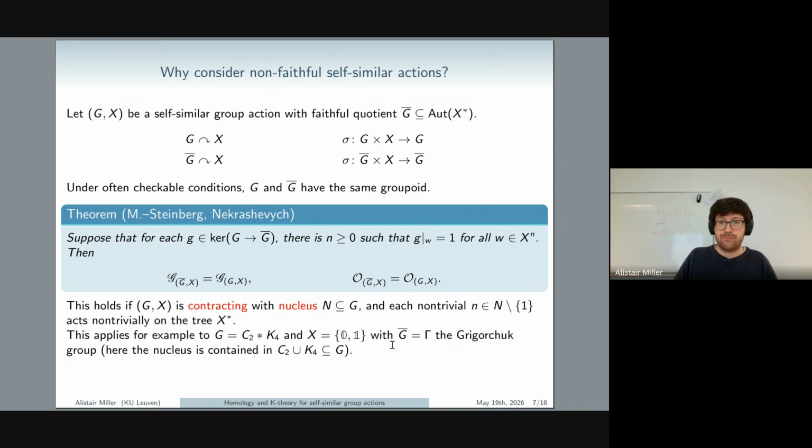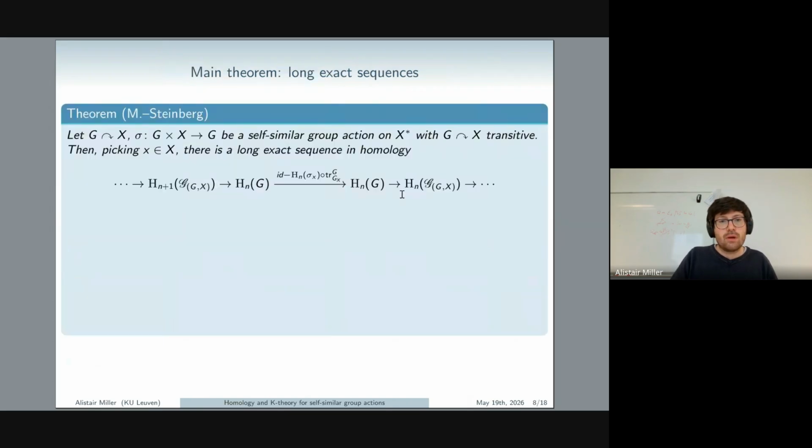Okay. So now I can state the main theorem. And really this is our sort of theory. This is the general theorem that works for any self-similar group action that gives you a long exact sequence for the homology and the K-theory.